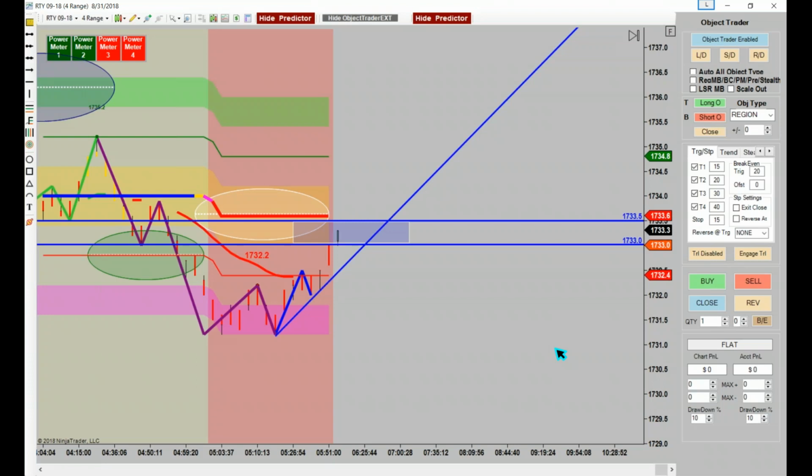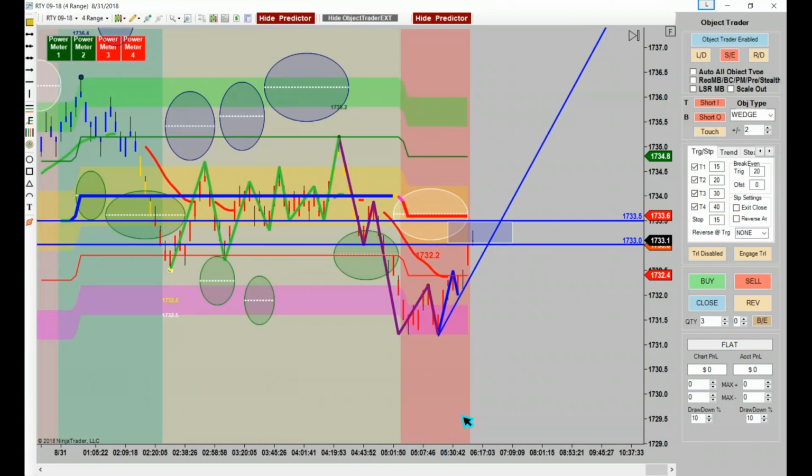okay? And by the way, you can use the tool on here called wedge, and we're looking for shorts, right? So I usually like to do a touch instead, and let's see, it's Russell, so we'll do 3. All right.